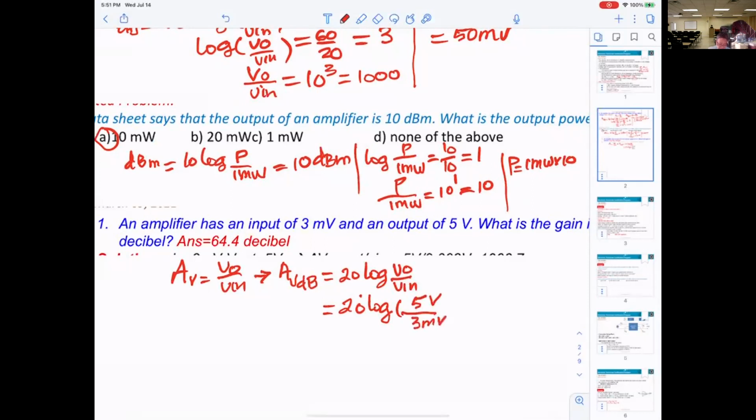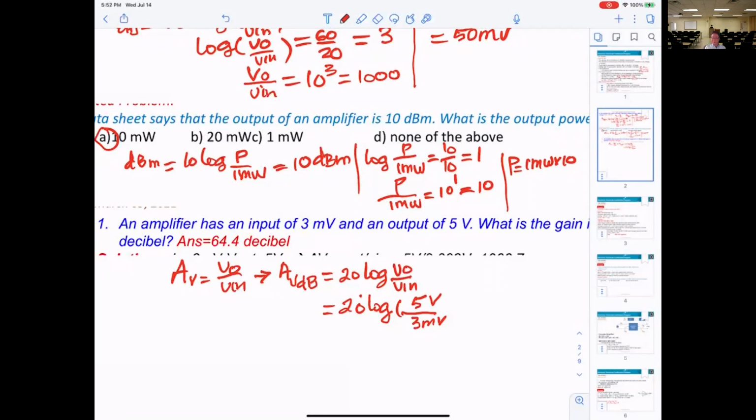Okay, first thing, you understand the ratio, you cannot have different units. They have to be either volt and volt, millivolt and millivolt, microvolt and microvolt.